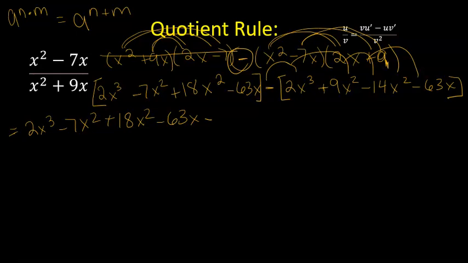And I'm going to distribute that minus sign. So I have negative 2x to the third power minus 9x to the second power plus 14x squared plus 63x. Great. That's exciting.